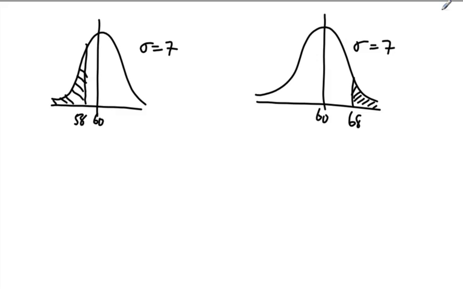So, first job is to work out Z value. Z value, because we're ignoring the negatives, is the distance between the two numbers divided by the standard deviation as a decimal to 3dp. What's 2/7? What's 2 divided by 7?